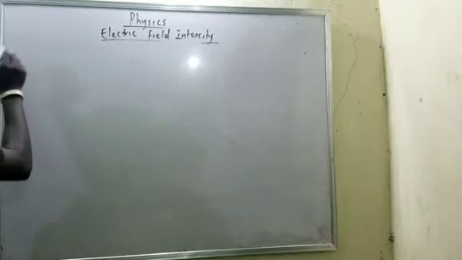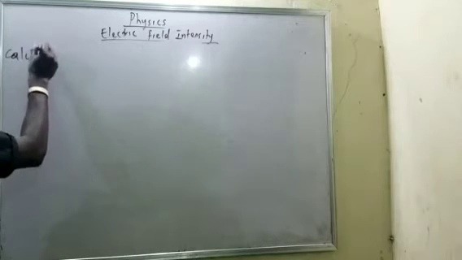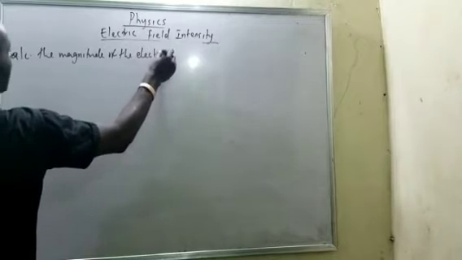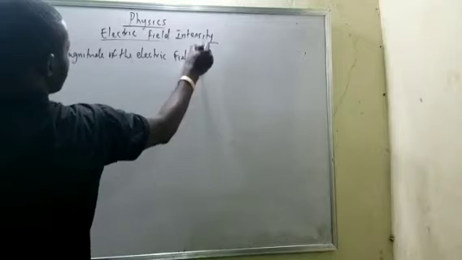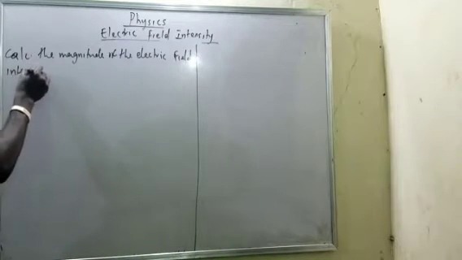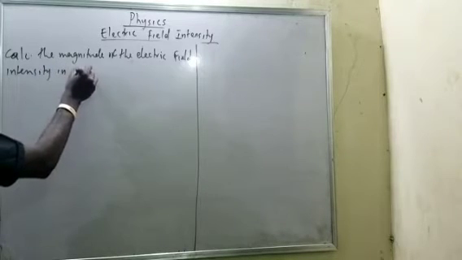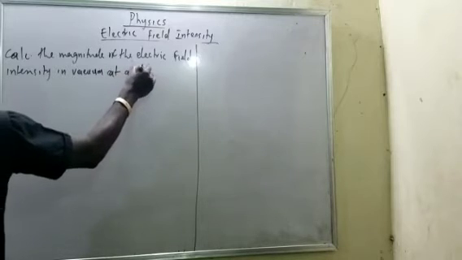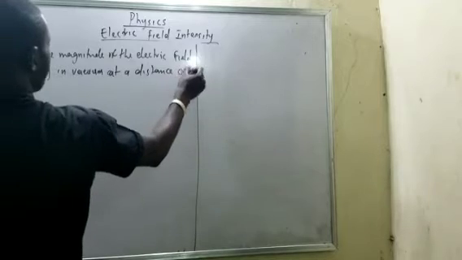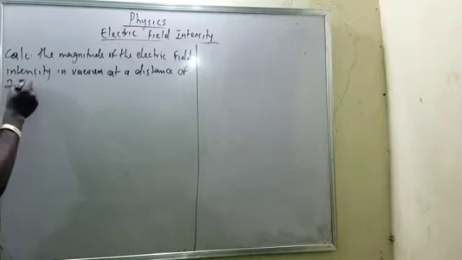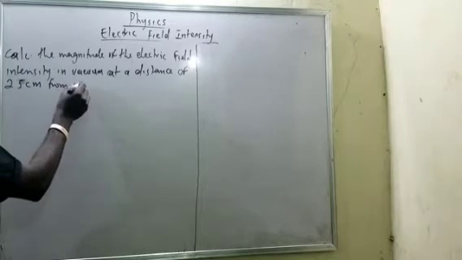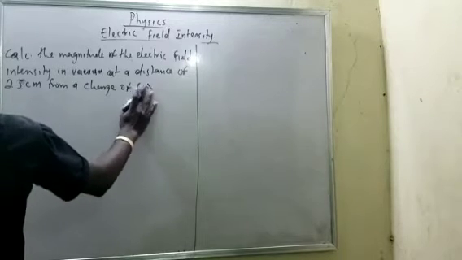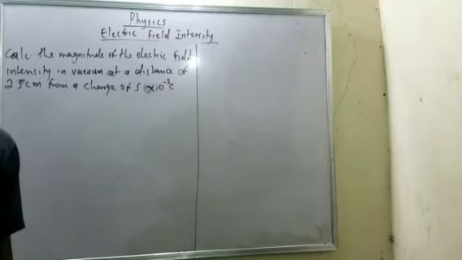Now I have another question, which is: calculate the magnitude of the electric field intensity in vacuum at a distance of 2.25 centimeter from a charge of 5.5 multiplied by 10 coulomb.